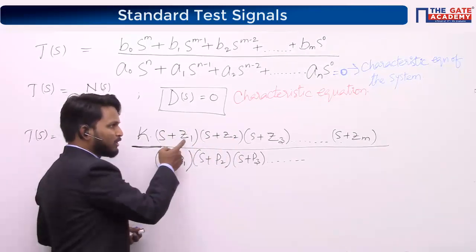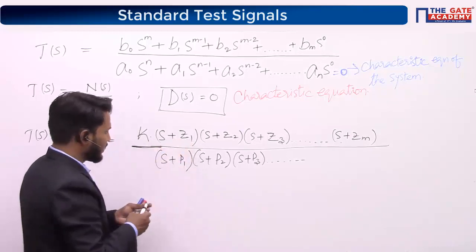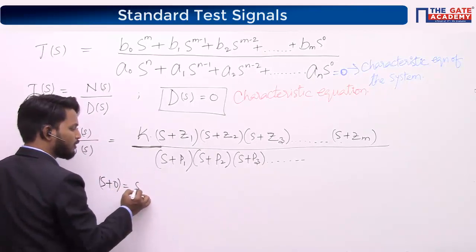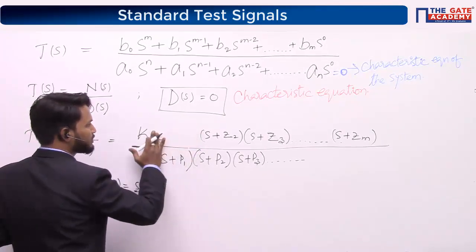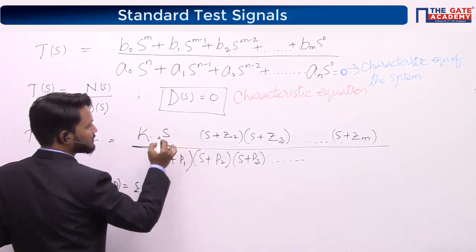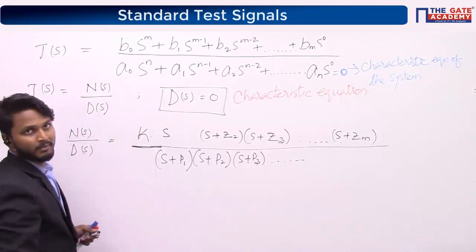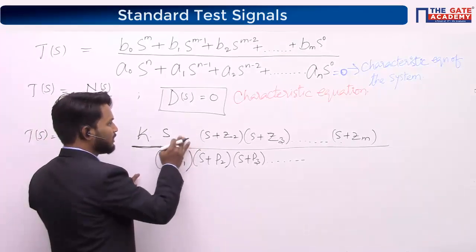If Z1 is 0, what will this expression reduce into? S plus 0, that is simply S. So you can write this equation as K S into S plus Z2, S plus Z3, S plus Z4, and so on.